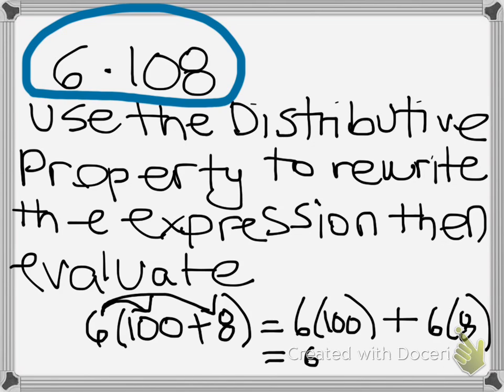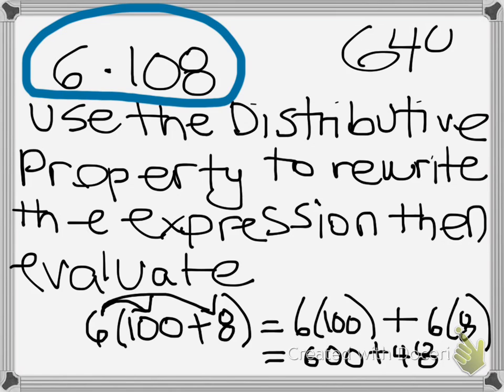So you have 600 plus 48, or 648. The goal, though, is to do that in your head and to break up the number into an easier to work with number to multiply in your head.